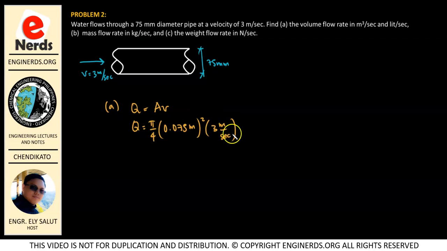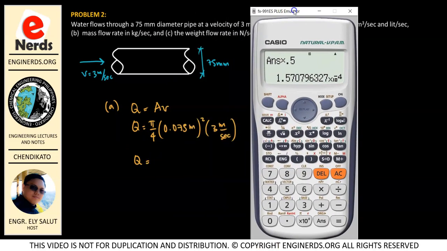Okay, so our answer will be in cubic meters per second. So our Q is equal to, so we will solve this again. So we have pi divided by 4 multiplied to 0.075 squared, then multiplied to 3.